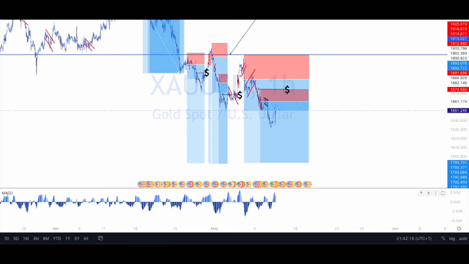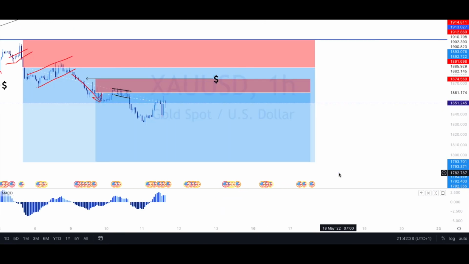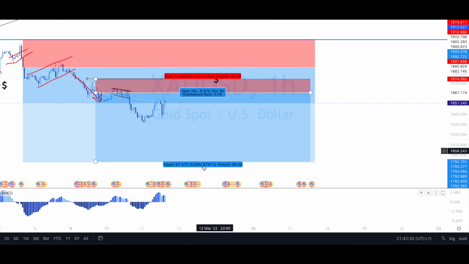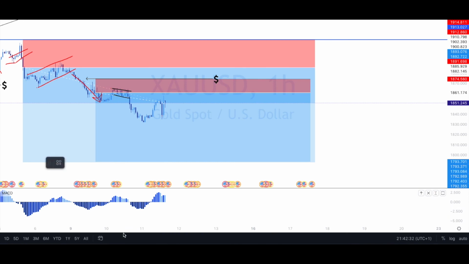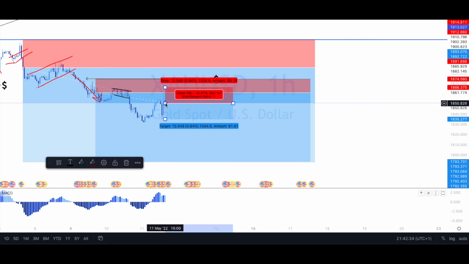So at this level, where it is right now, we're going to jump in. My friends, we are going to jump in again. Right, so we're going to jump in at this level with another sell. We're going to cover these wicks over here.